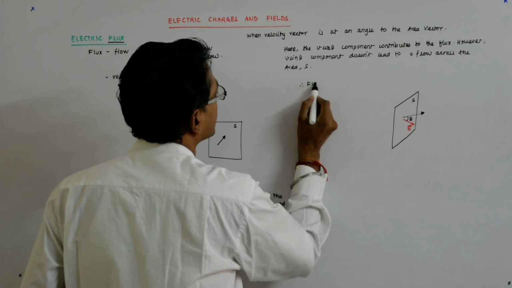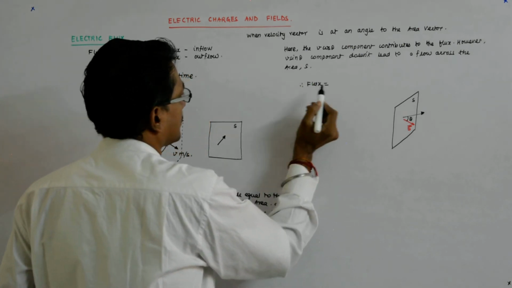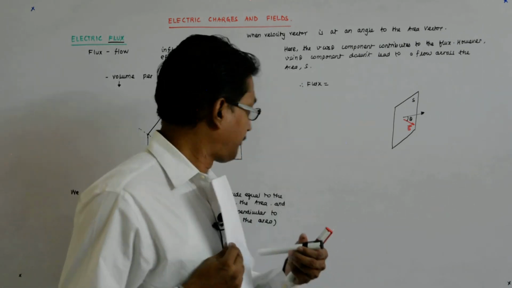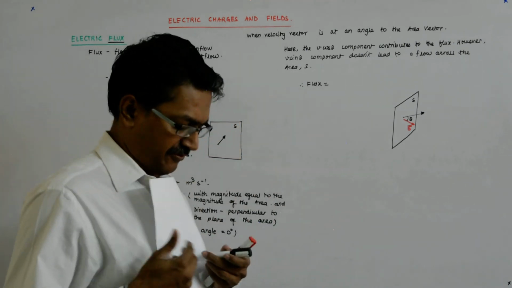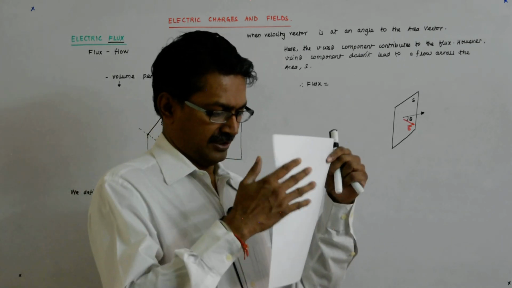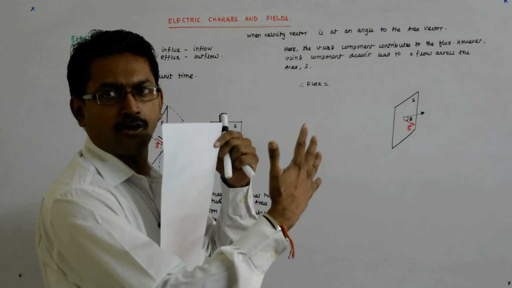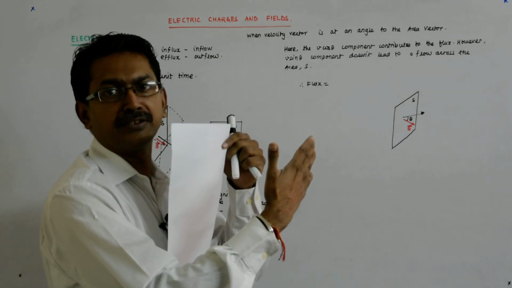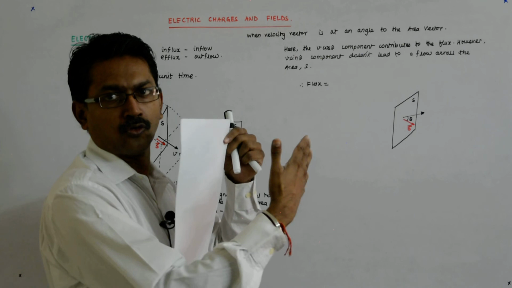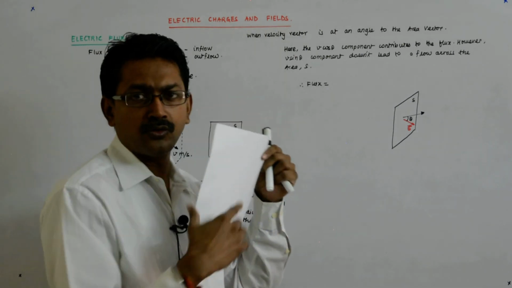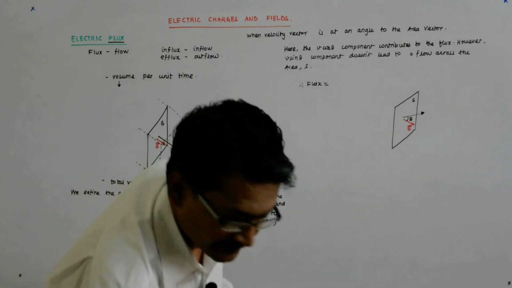Therefore flux is, now see, instead of v in 1 second, as in the earlier case, we have this hole with this cross sectional area, and we'll have a v cos theta length in 1 unit time. So what is the total volume? This area S into v cos theta, right?